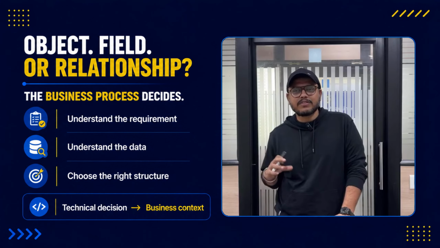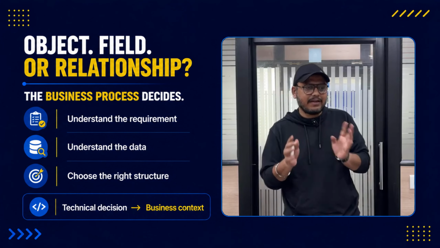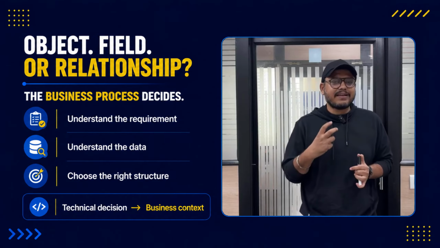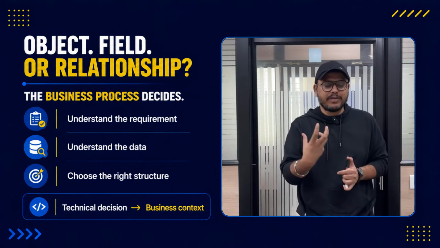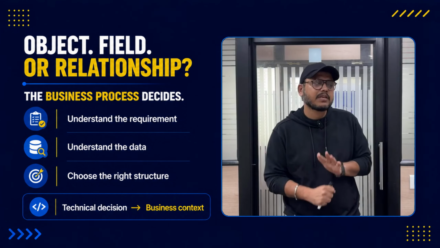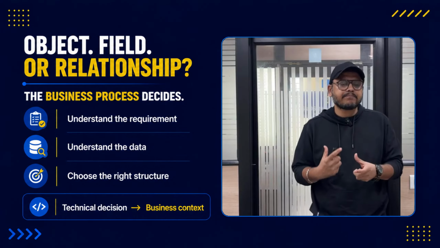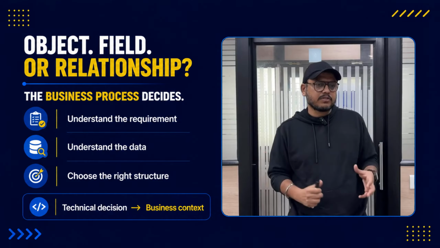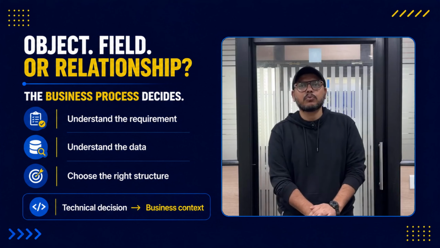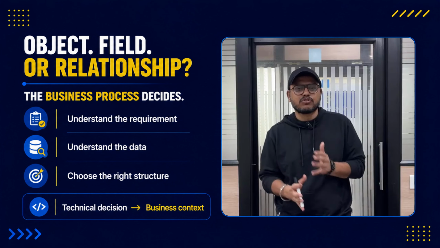Sometimes we just have a picture of technical understanding, and we are not able to make the right choice in terms of whether it should be an object, a field, or a relationship. If you understand the business process and requirements properly, you will be able to ease out the entire process of making these decisions.